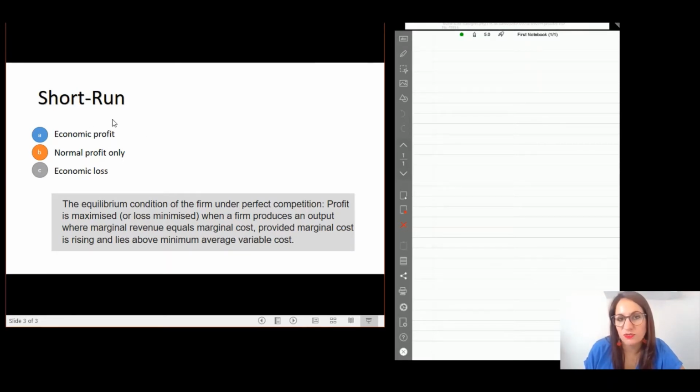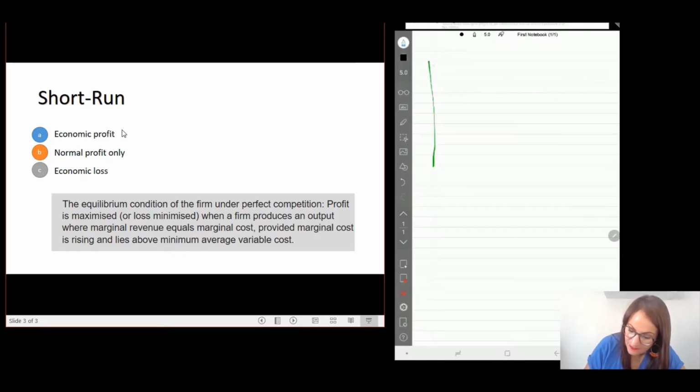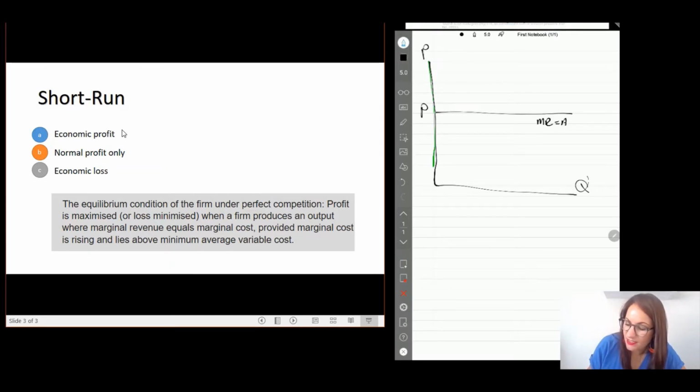How does it look in the short run if a perfectly competitive firm is making an economic profit, a normal profit, or a loss? So, starting with the economic profit, you have prices and quantities, and very important, it is a price taker. So it takes the price in the market, and that is also your demand curve.